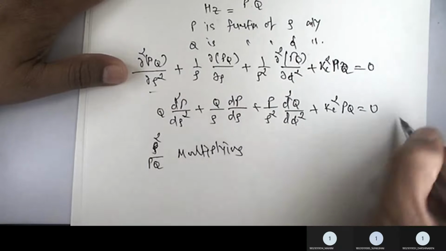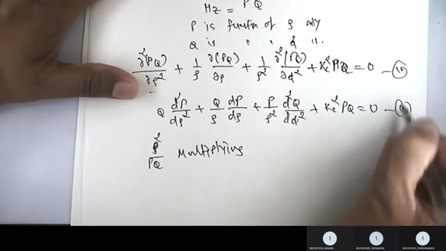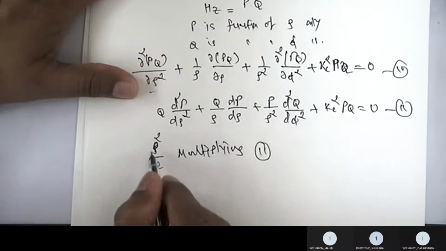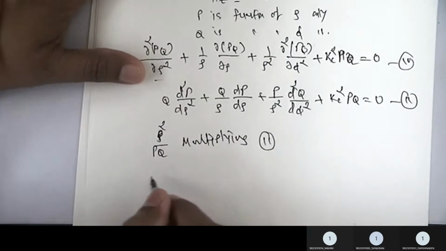Say this is your equation 10 and this one is 11. I multiply rho square by pq into equation number 11.